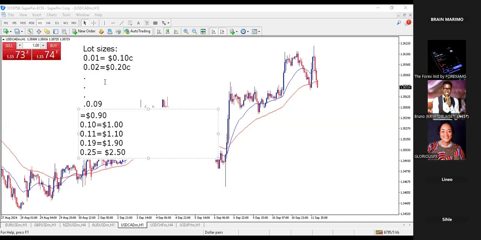So for example, if you don't use leverage and you open a position worth $1, it's a position with $1, right? Some of these things are so basic that you don't even know how to explain them.